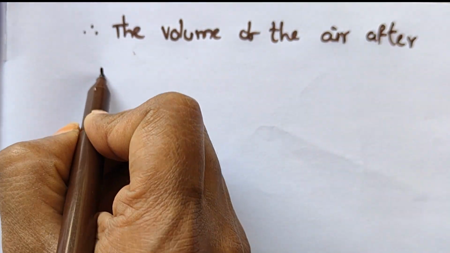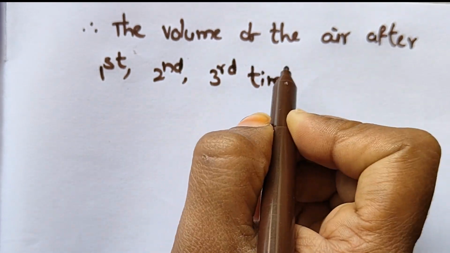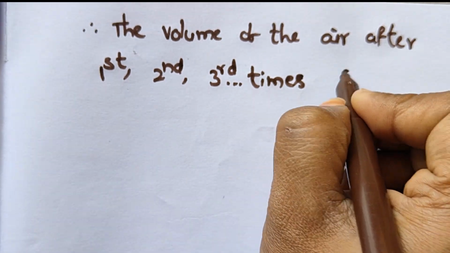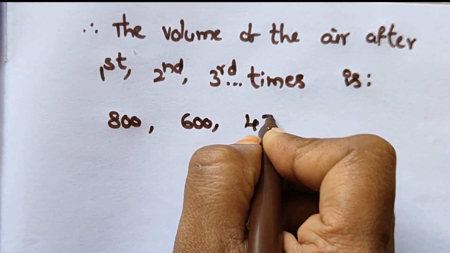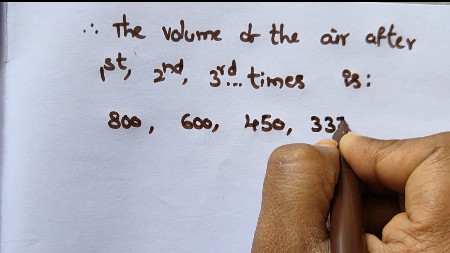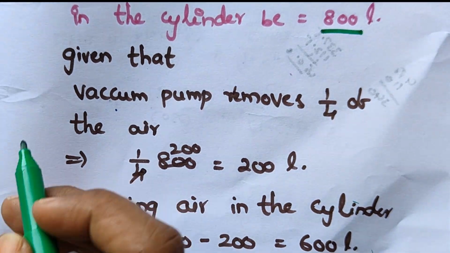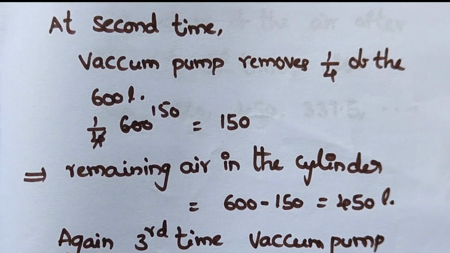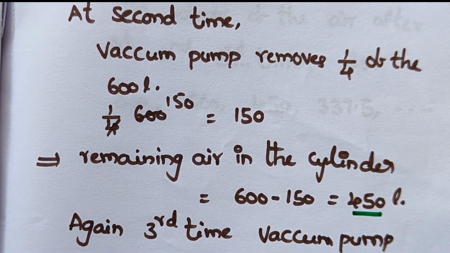The volume of air after first time, second time, third time, and so on. First the cylinder has 800, after removing 600, second time removing 450 liters, and also third time 337.5 liters. This is the list of numbers the cylinder has volume of air.